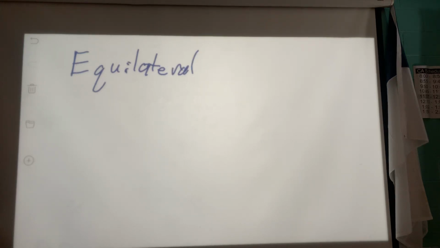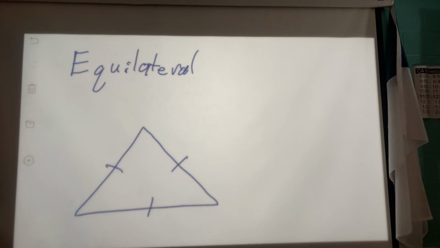All right, equilateral polygon. The equilateral triangle is the most common one we've talked about, where all 3 sides of the triangle are exactly equal. And so we had those little markings on each of the sides.